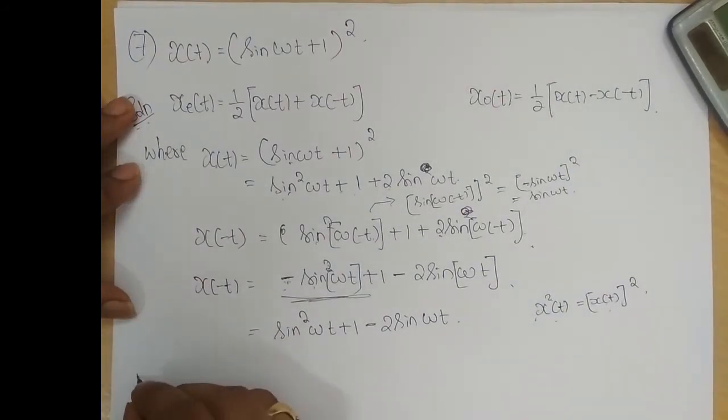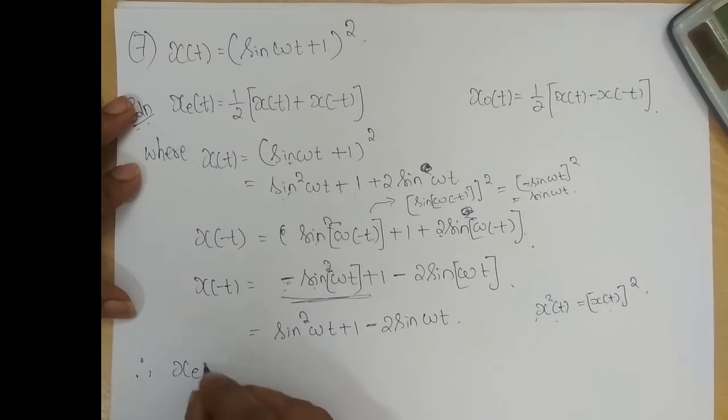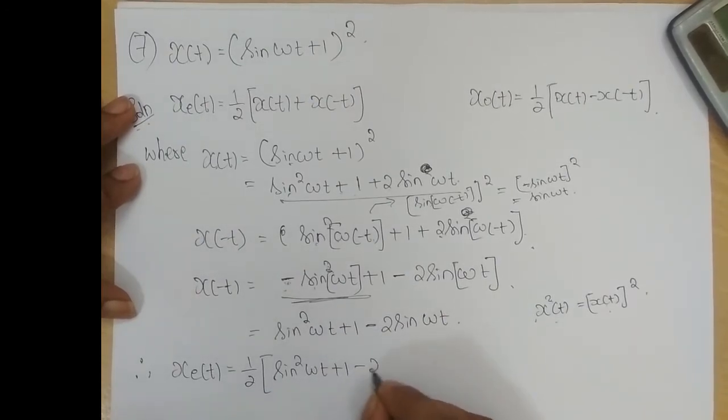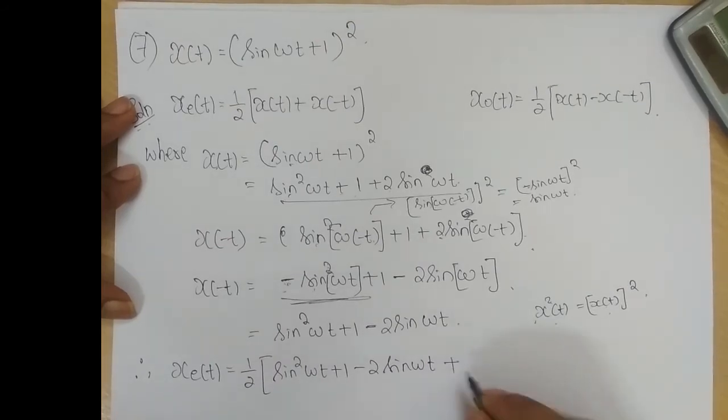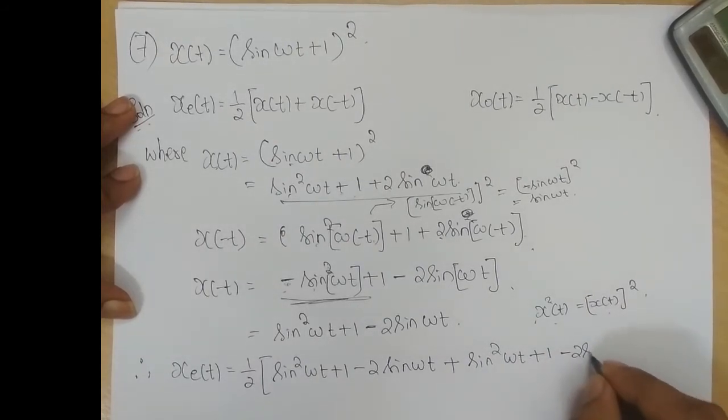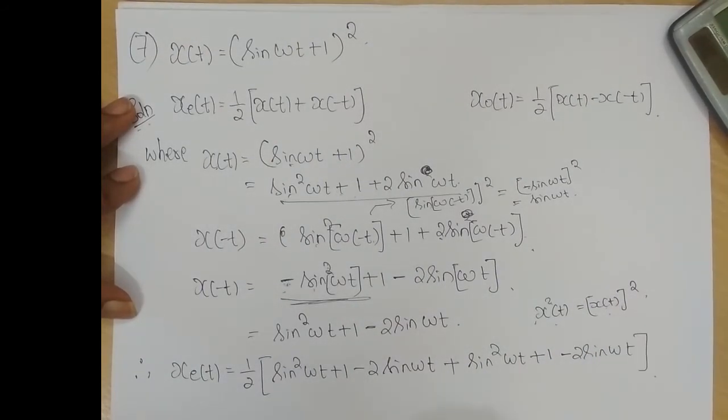Okay, so now therefore what is even component? It is equal to 1 by 2 into x of t, so sine square omega t plus 1 minus 2 into sine of omega t, right, plus x of minus t, it is sine square of omega t plus 1 minus 2 into sine of omega t.